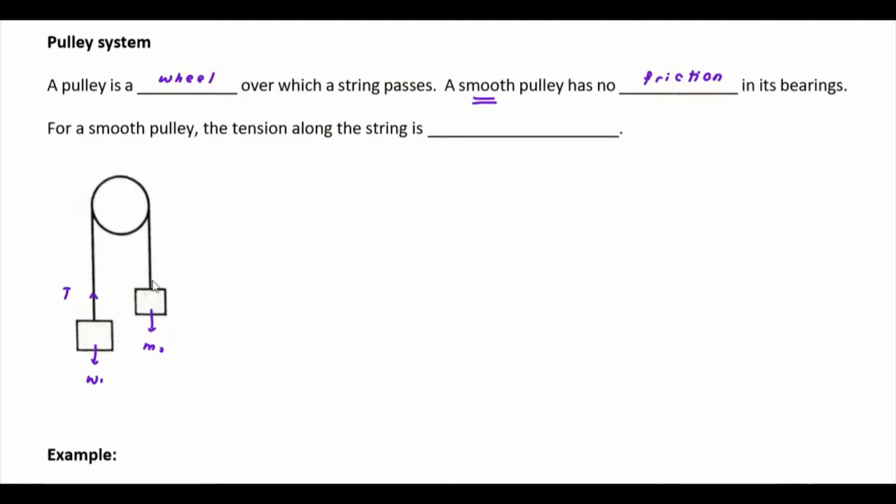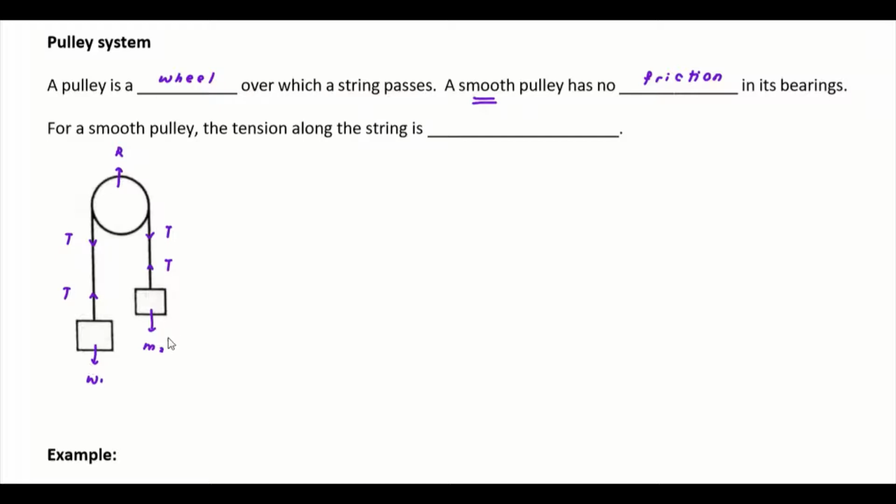Because this is the same string, the tension here will be the same as well. Because this is moving inwards to the rod, there will be another opposite reaction here, and this will form the normal reaction. But we don't talk so much about the normal reaction. We are just going to focus on this part.